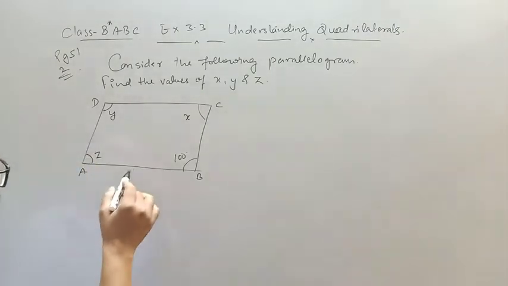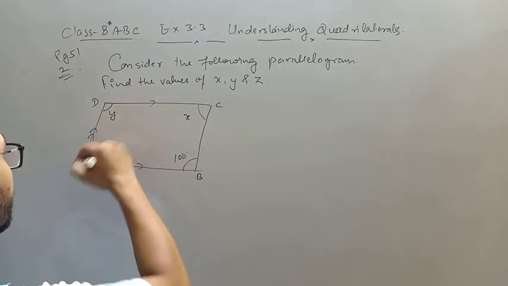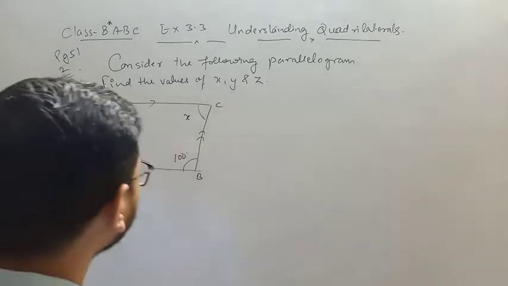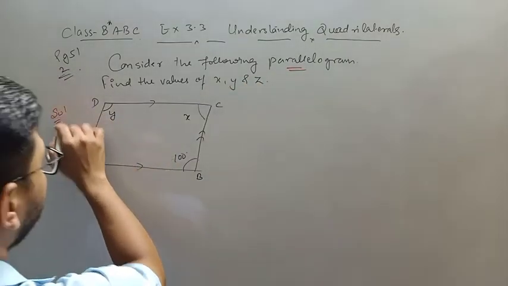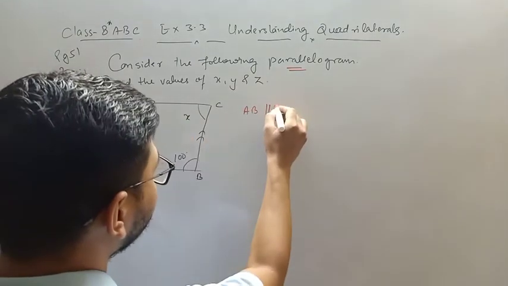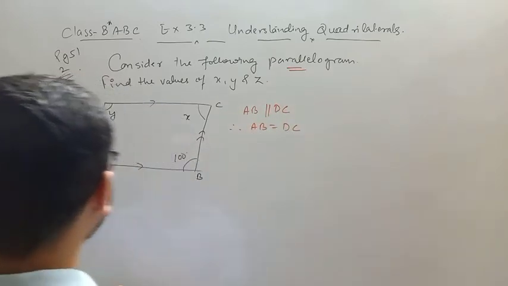That means AB is parallel to DC and AD is parallel to BC. As per this given condition, AB is parallel to DC as well as AB is equal to DC, right?